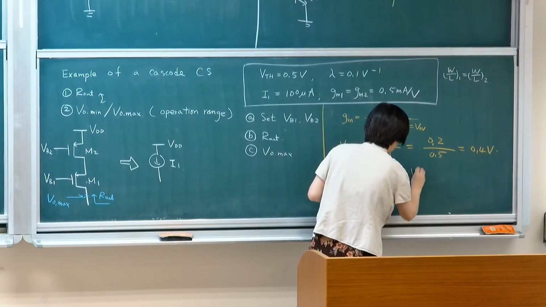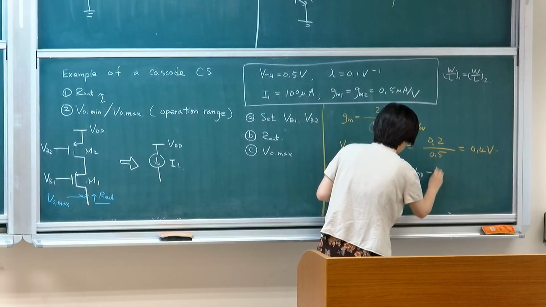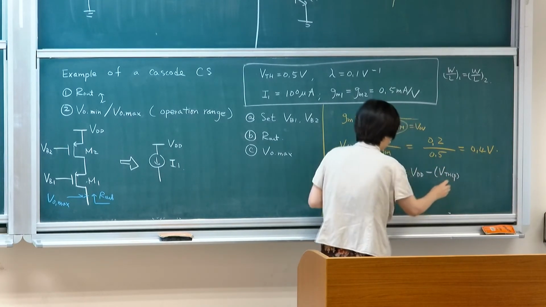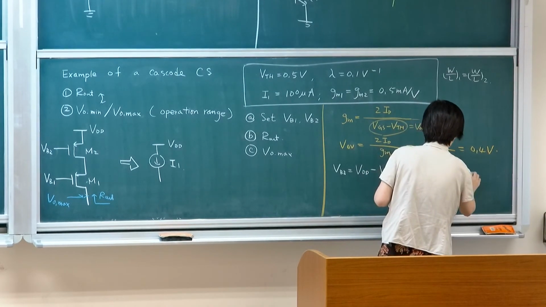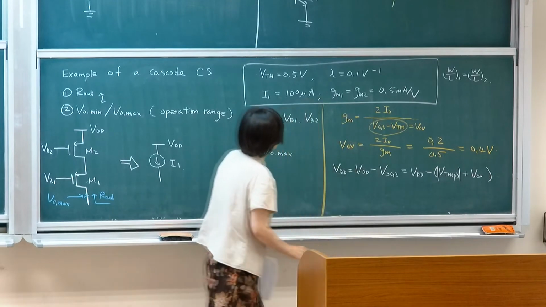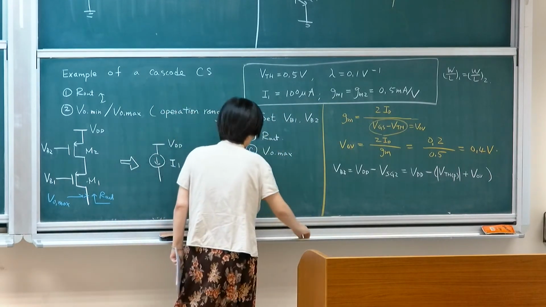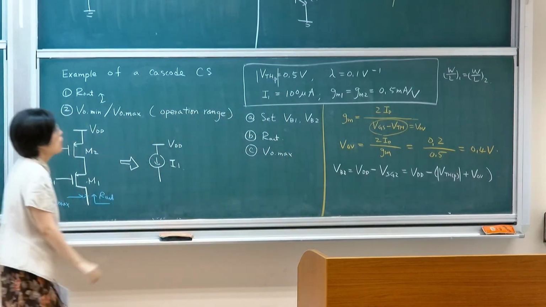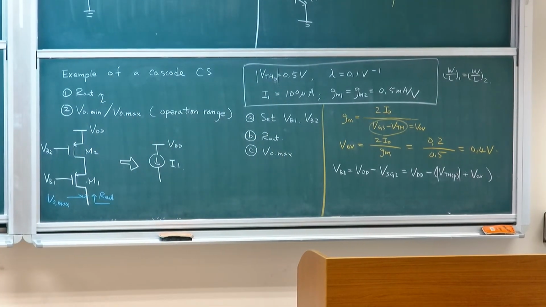VSG is VDD minus the threshold of PMOS plus VOV. Just to be precise, it's a PMOS threshold because we're talking about PMOS transistors.